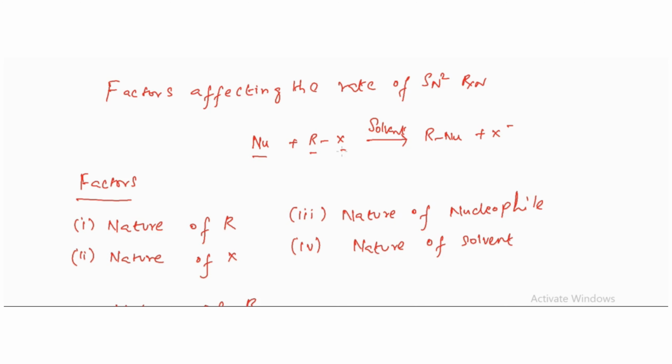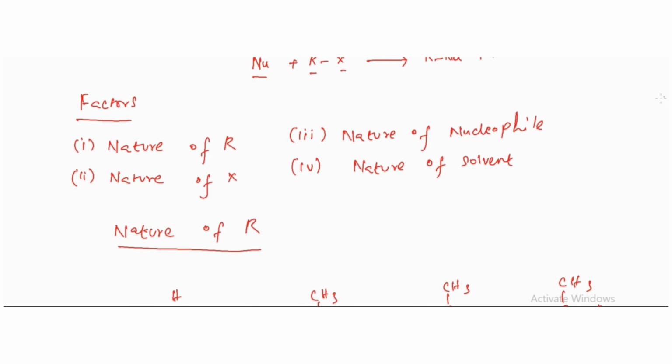Now if we specify or vary the groups or structures of the nucleophile, alkyl and halogen, and the nature of the solvent, how will it affect the rate of reaction? That is what we are going to learn in this class. There are four factors: nature of R, nature of X, nature of nucleophile and solvent. Now we go into the nature of the alkyl group.